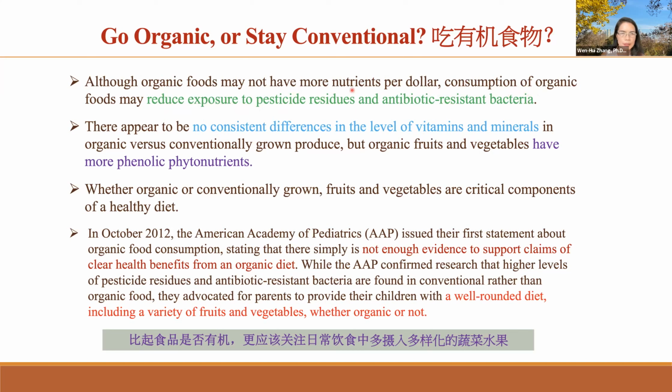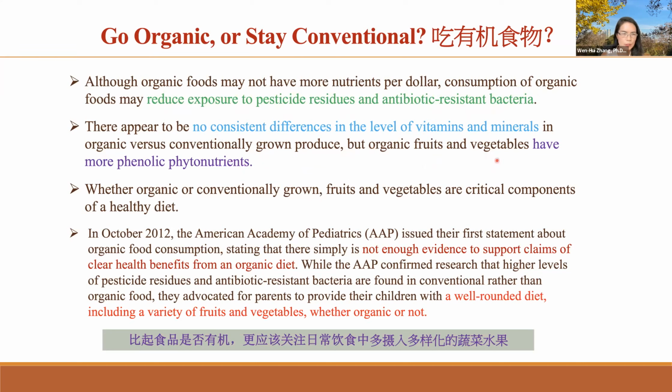So organic foods have less pesticide residues and less antibiotic-resistant bacteria. And there is no consistent difference in the level of vitamins and minerals in organic versus conventionally grown produce.